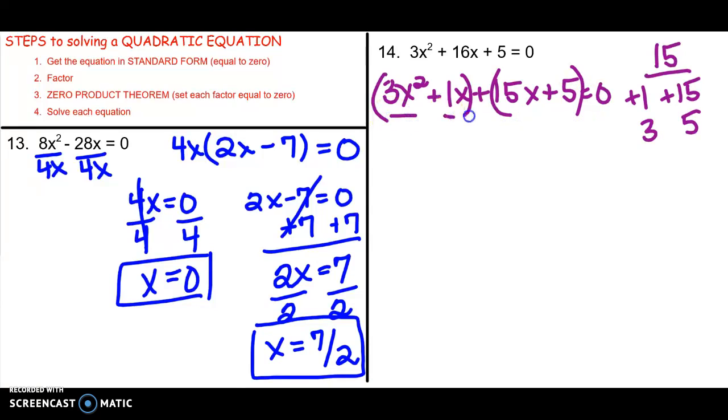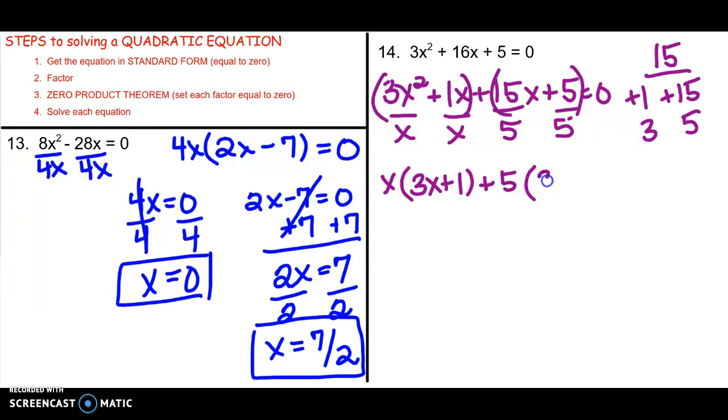And the GCF that I can take out of this first group is an x. And the GCF that I can take out of the second group is 5. So now I have x. And when I divide, I'm left with 3x plus 1. And then I have a plus 5, because that's my GCF. And again, when I divide, I'm left with 3x plus 1.